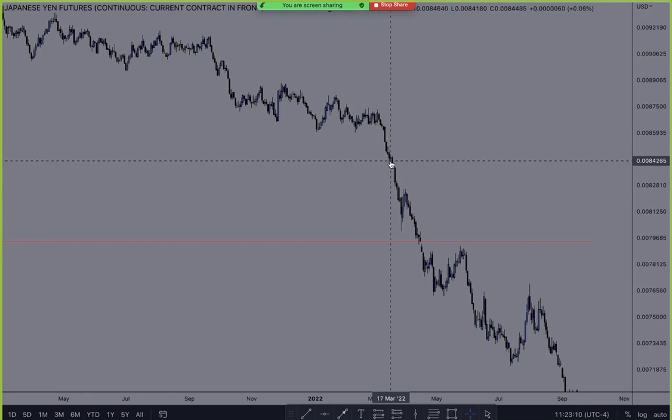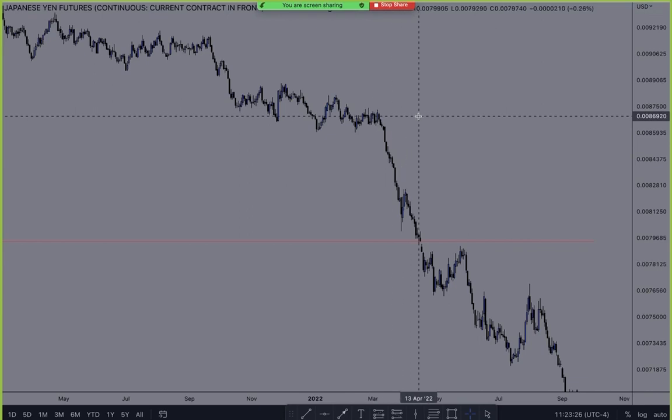When you have a market that is seasonally in the strongest period of the year, the strongest seasonal tendency for the whole year, and the market is showing you something different, and I'm not talking about consolidating, personally I wouldn't touch that market.